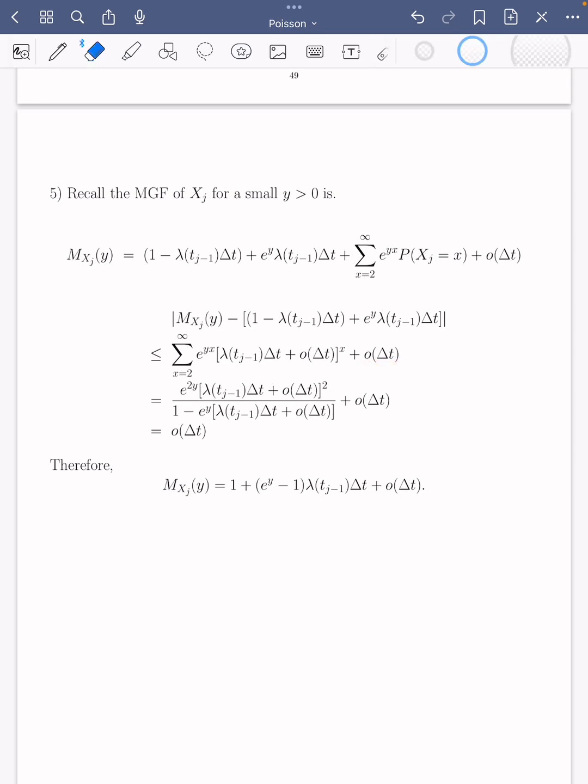And we can clearly see that this one actually is a power series. So the sum of a power series is simply equal to the first term in the power series over 1 minus the ratio between two consecutive terms. And because there's a delta t here, this one will be little o delta t. So that is, the moment generating function for X_j will satisfy this equation.